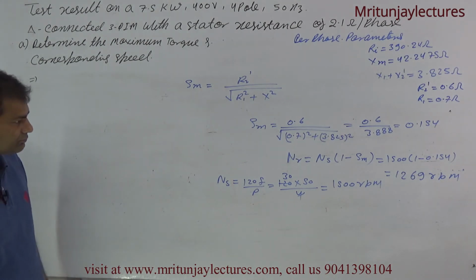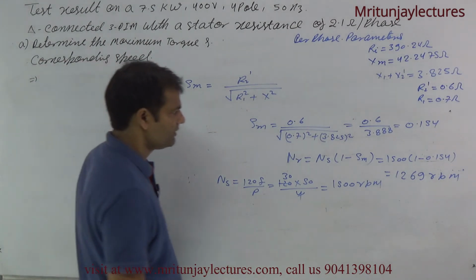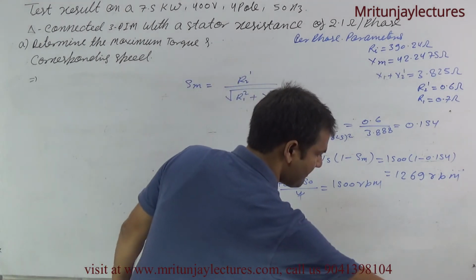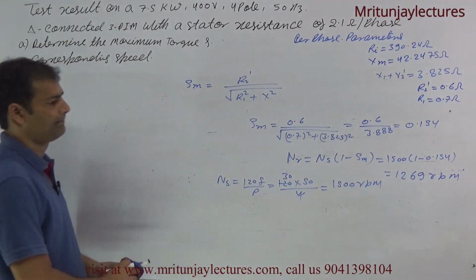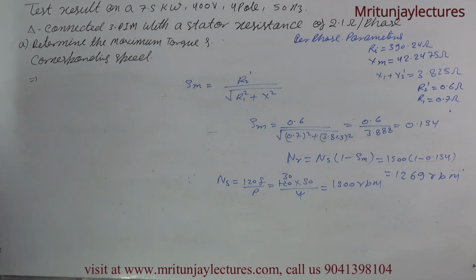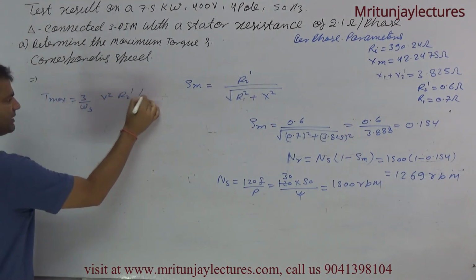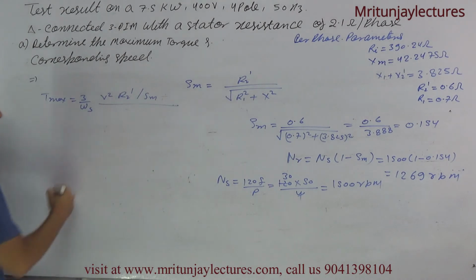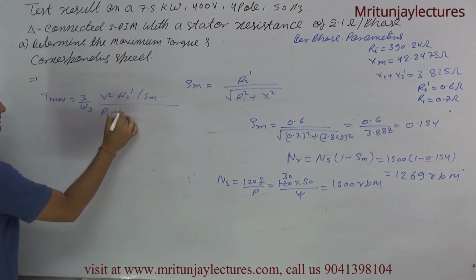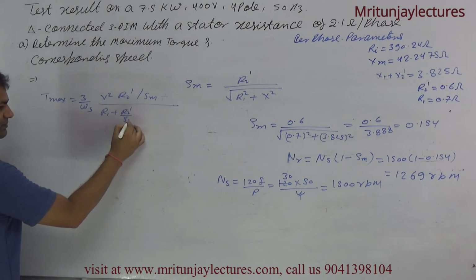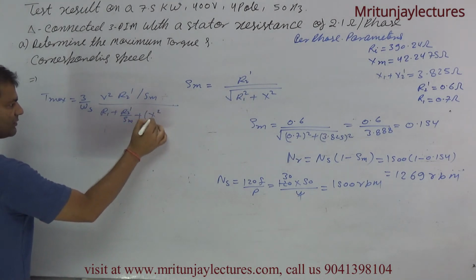Now, another way. Our next target is T max. You know that T max is equal to 3 upon omega s into V square, r2 dash by s max, divided by r1 plus r2 dash divided by s max, whole square, plus x square.